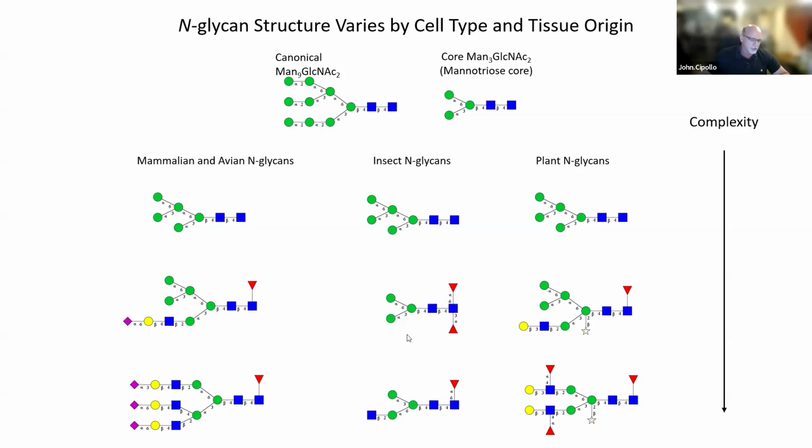That can be a concern as far as allergenic response. And then with further processing, you can almost have a mammalian-like limited complex glycan or hybrid. Plants, again, are a little bit different. They can have a fucosyl core. They may have more interesting complex glycans. So these are representative of different cell substrates and cell types.